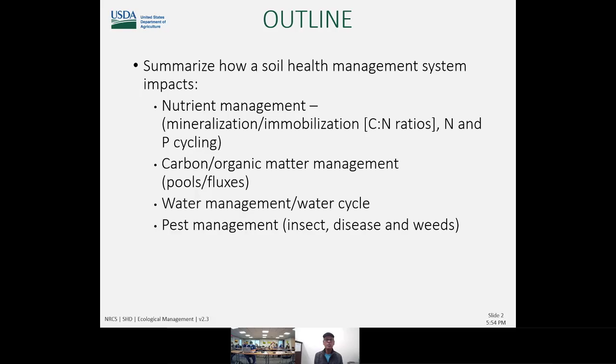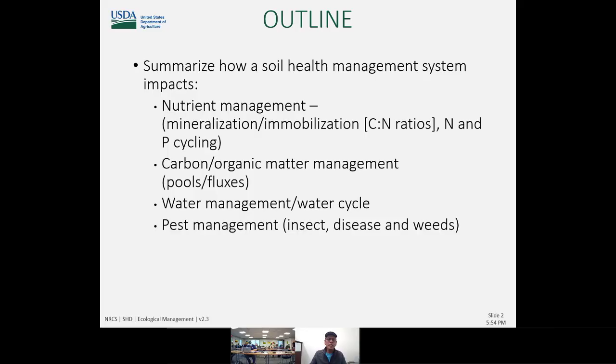That includes also mineralization, immobilization. Also, we are looking at the carbon nitrogen ratio, and we're also looking at the nitrogen and phosphorus cycling, because these are the most important major nutrients and also causing major problems for ag land.